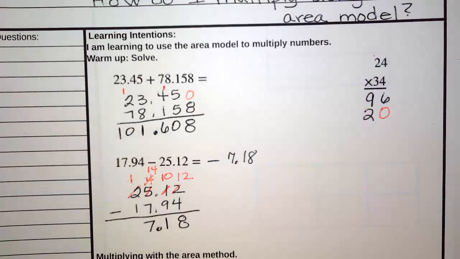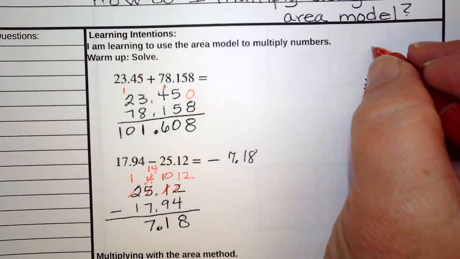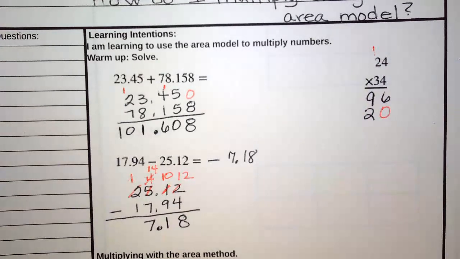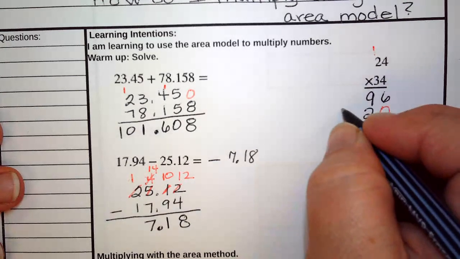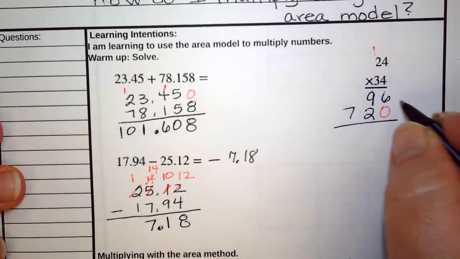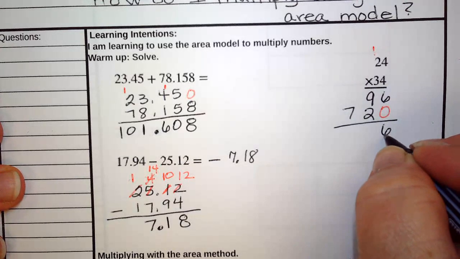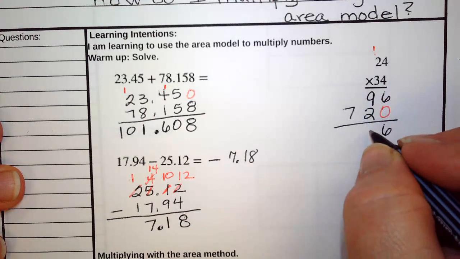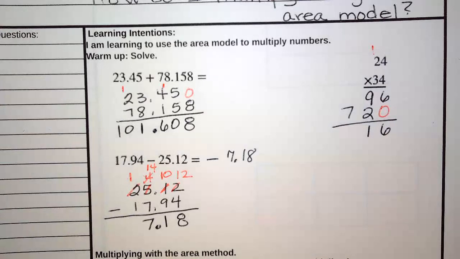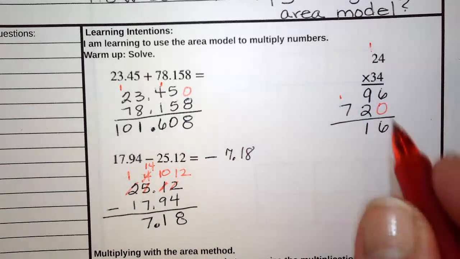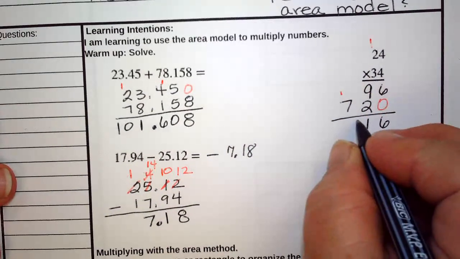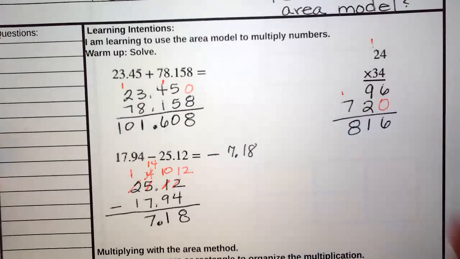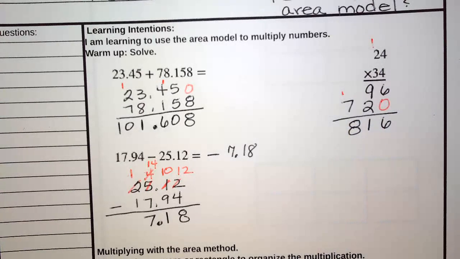Write the 2 down and carry the 1. 3 times 2 is 6, plus 1 is 7. So 6 plus 0 is 6, 9 plus 2 is 11. Put the 1 down, carry the 1 here. 1 plus 7 is 8. So 24 multiplied with 34 is 816.